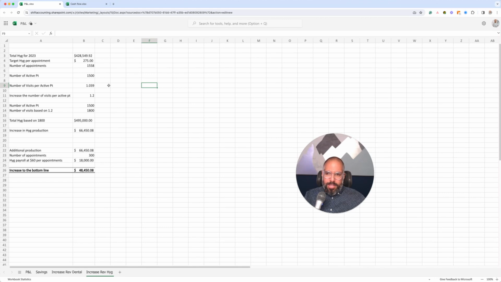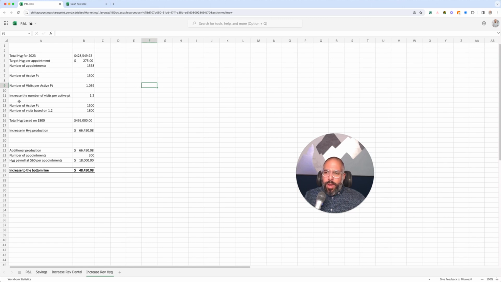In this scenario, one active patient came at a rate of 1.39. Now, this is not great, because in an ideal situation, a patient comes at least 2 times a year for hygiene, but the assumption is they came exactly at their 6-month mark, but that's never the case. So that number definitely will be under 2, but not almost one. Almost one is a really bad number. Hope that makes sense.